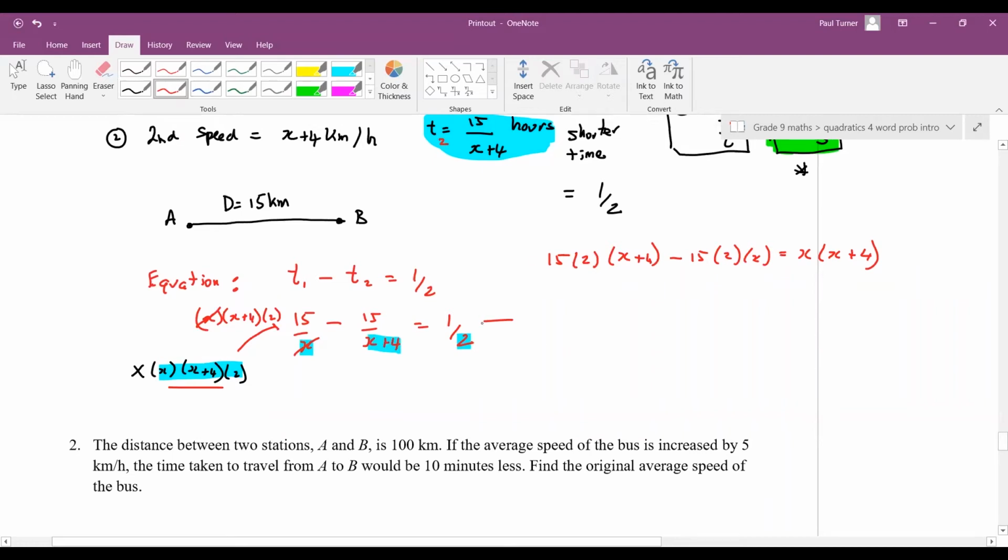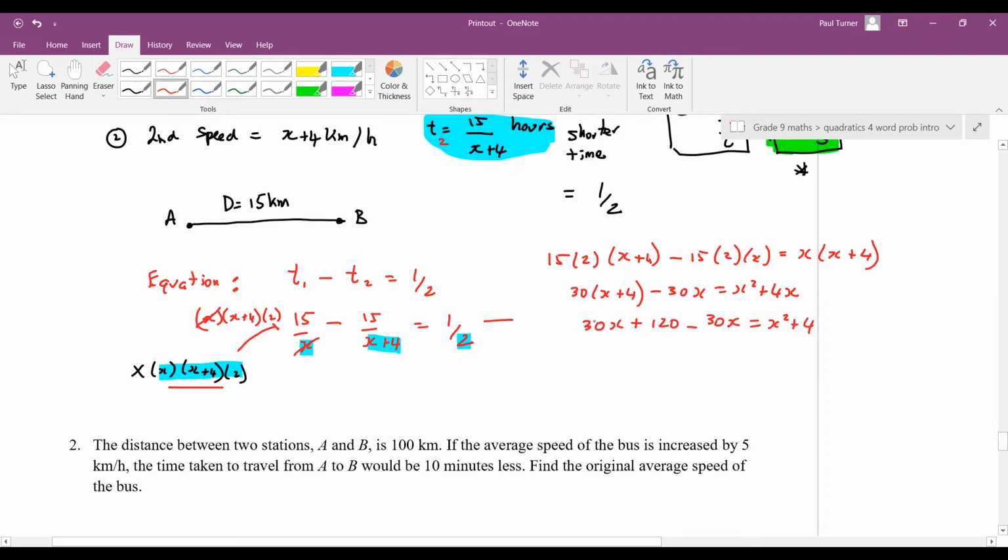So then we're going to get our equation. We can expand it. 2 times 15 is 30, x plus 4, minus 30x equals x squared plus 4x. So we've got 30x plus 120 minus 30x equals x squared plus 4x.